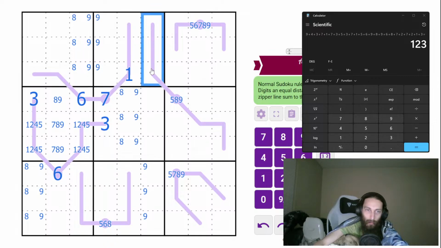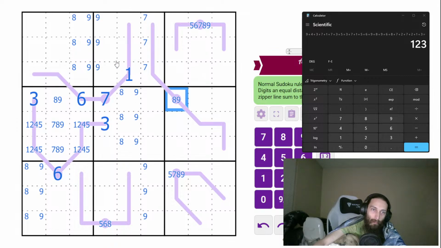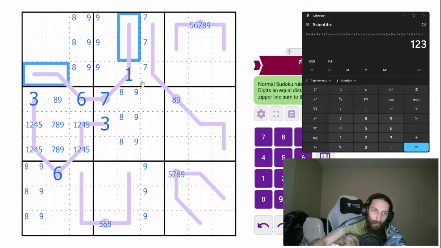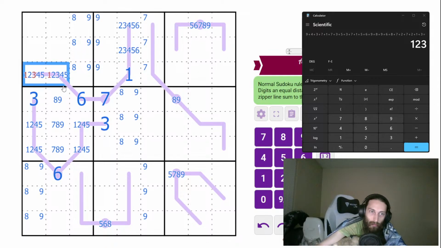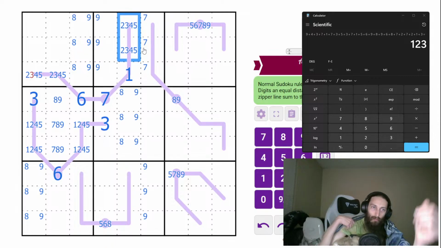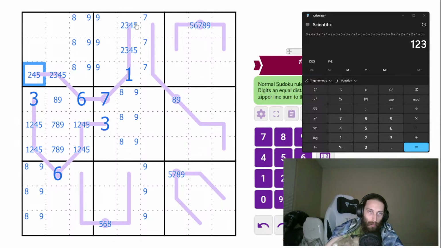And so where do I put a 7? 7's going to have to go on here. It's a 7, so 7, 8, 9 is gone. 1 pairs with 6. And then 3 pairs with 4.